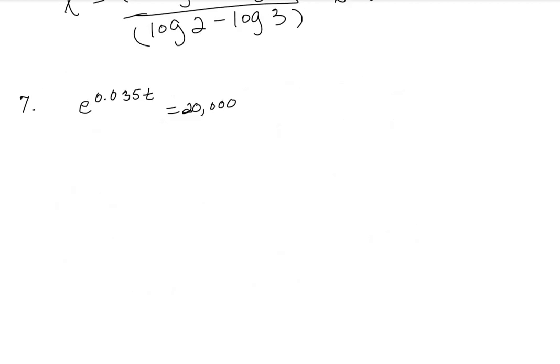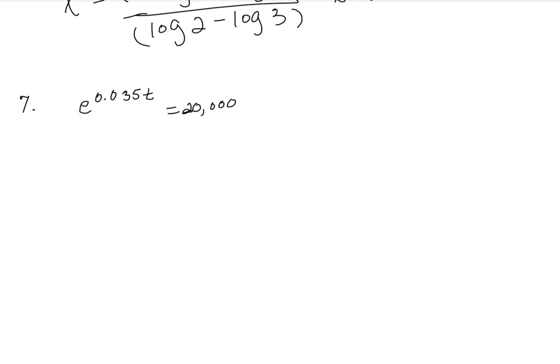Okay, the last problem that we're going to look at is a problem that has e for the base. And notice here, instead of an x, I have a t, and t is going to be standing for time in some of the problems that we're going to do in the next lesson.